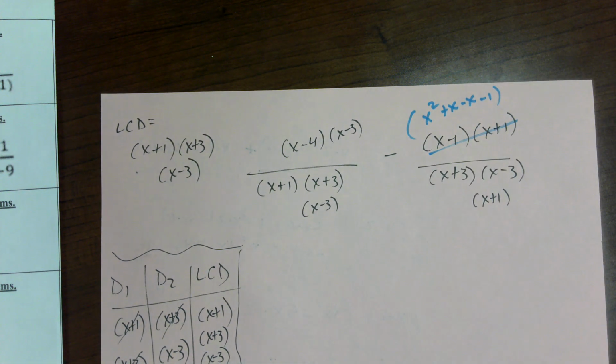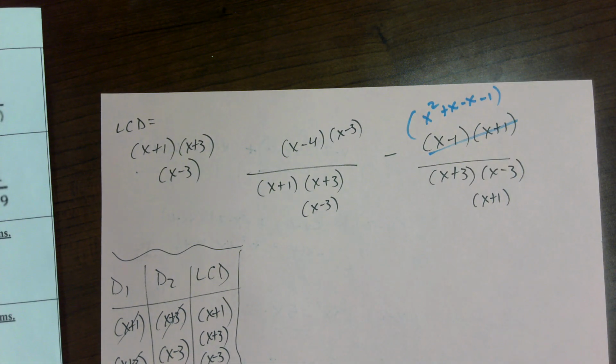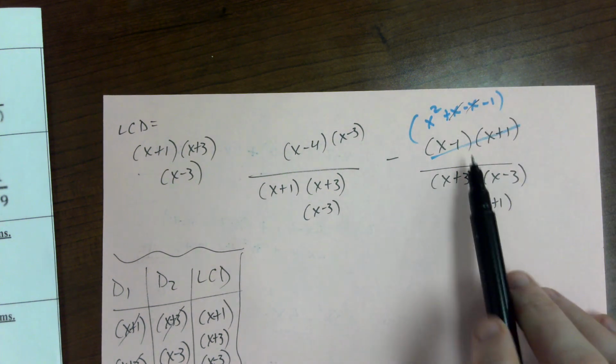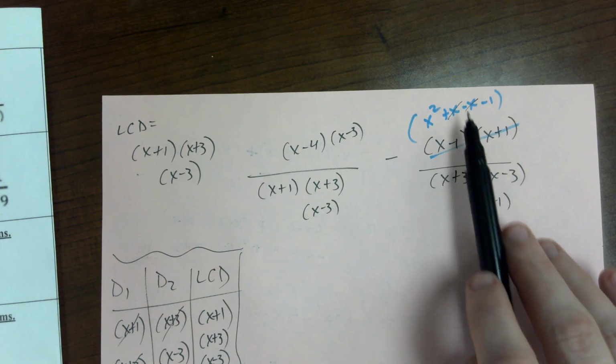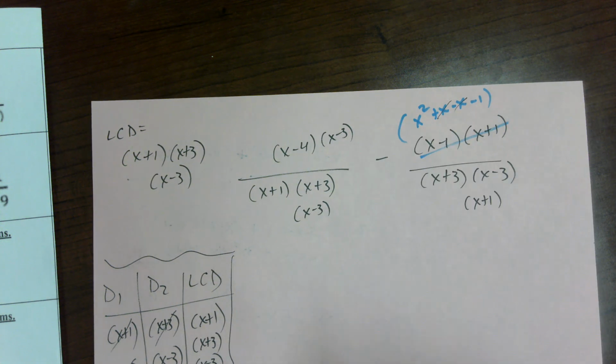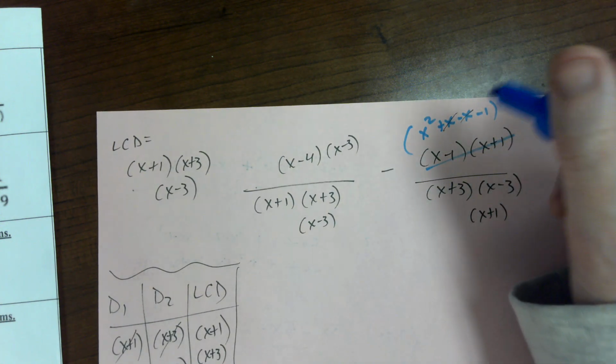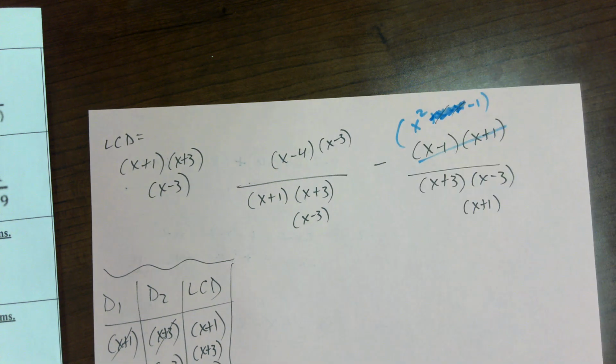So that's what that is. And these middle ones, guys, cancel. This is like a difference of two squares backwards. So that's just x squared minus 1. You don't even need those.